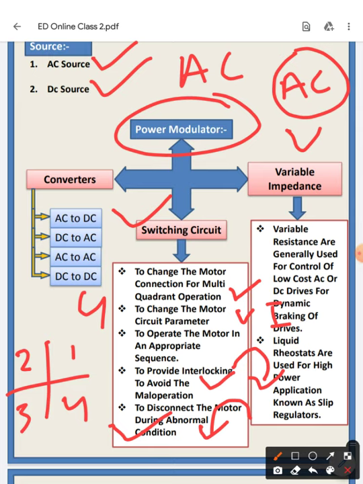There is no variable operation at the output end, and the input is also constant AC. Can that be directly connected to the motor or not? That may be the question. Without a power modulator, if the input is a constant AC voltage, can I directly supply this AC voltage to the motor or not?